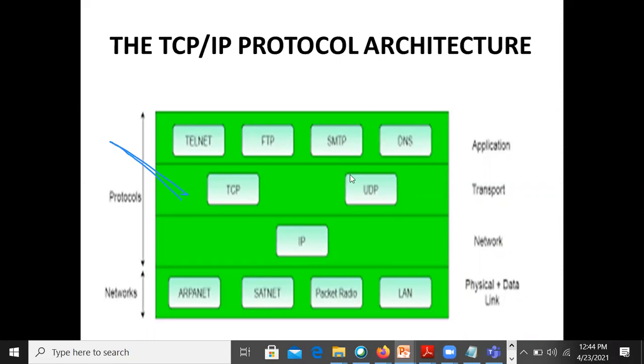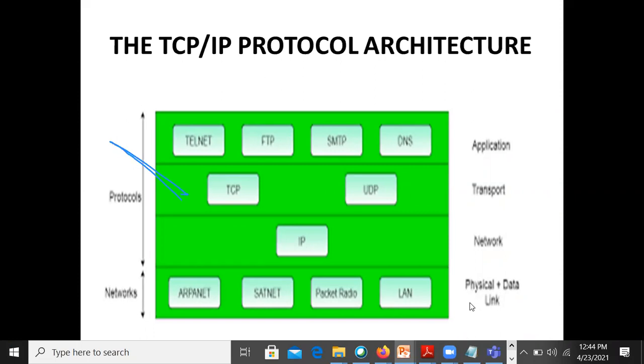So this is the application layer, transport layer, and the network layer. Each layer will have some number of protocols. Here the application level has some protocols, the transport layer has some protocols, and IP has some protocols. When you observe the last layer, what is it dealing with? The physical layer.